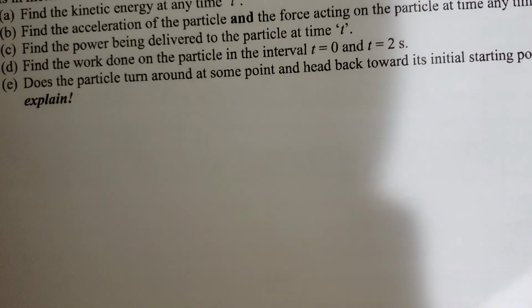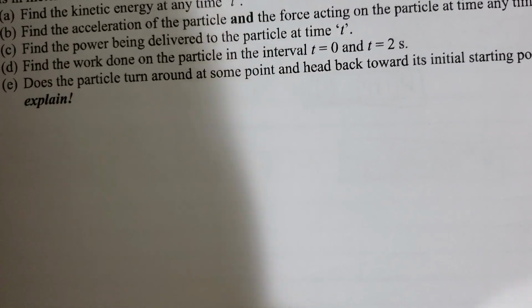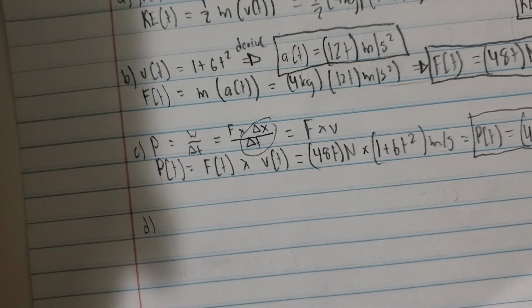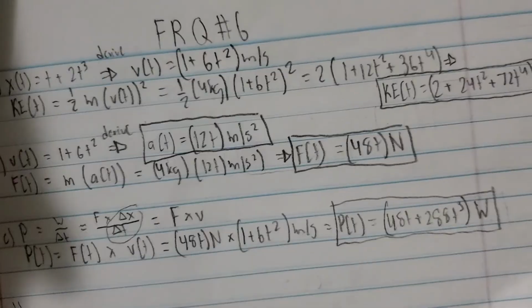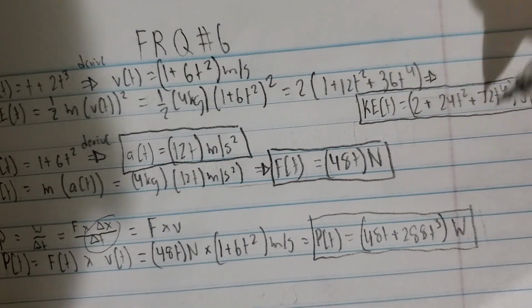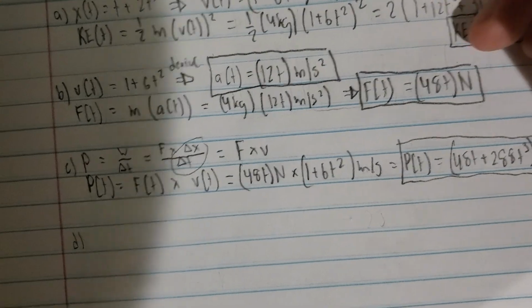Now part D wants me to find the work done on the particle in the interval t equals 0 to t equals 2 seconds. Alright, so work is a change in kinetic energy. So what I can do is find kinetic energy using this formula at the 2 points I want to find, and subtract those two.